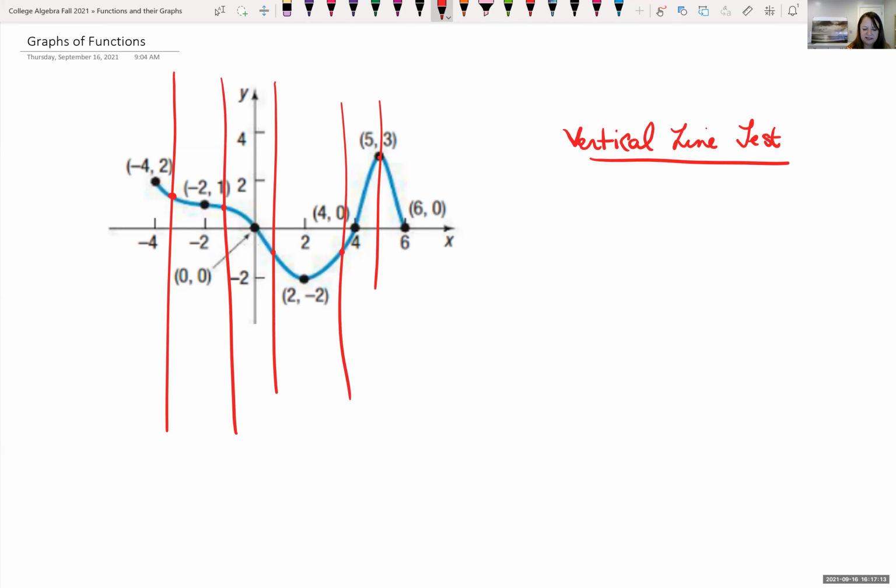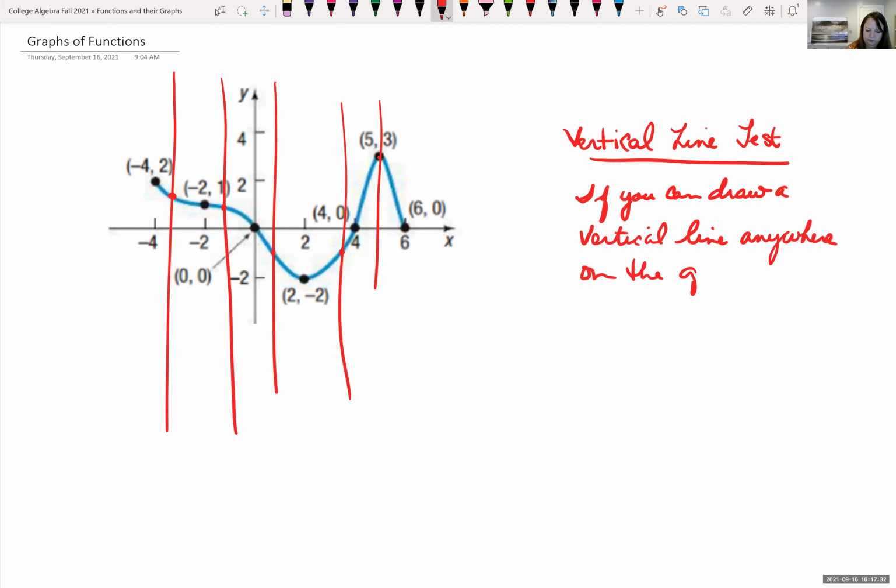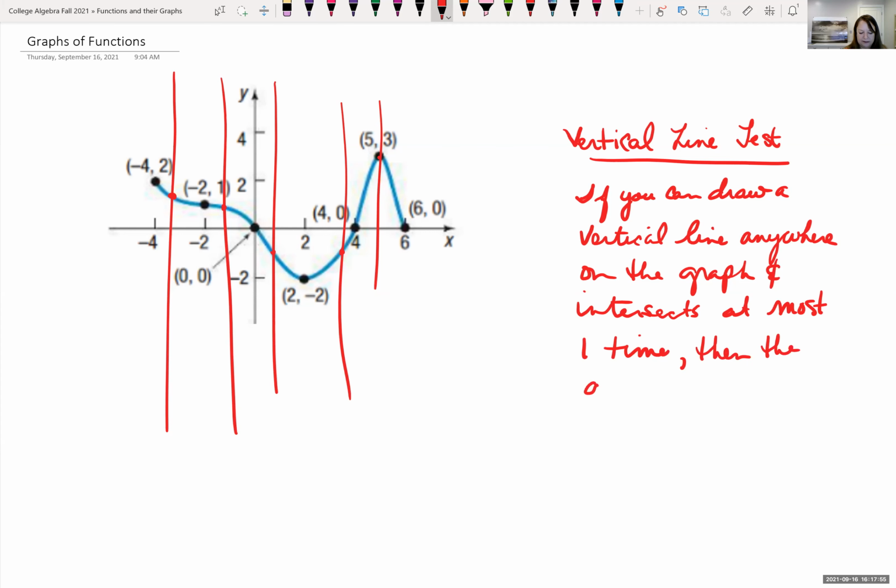And so by the vertical line test, if you can draw a vertical line anywhere on the graph and it intersects at most one time, then the graph is a function. So looking at this, I can say that this picture that I had given you was a function.